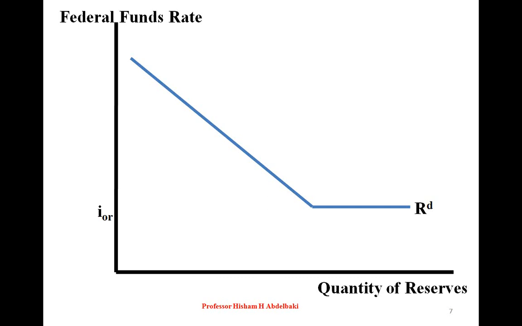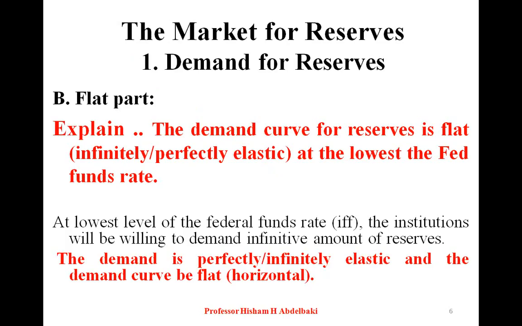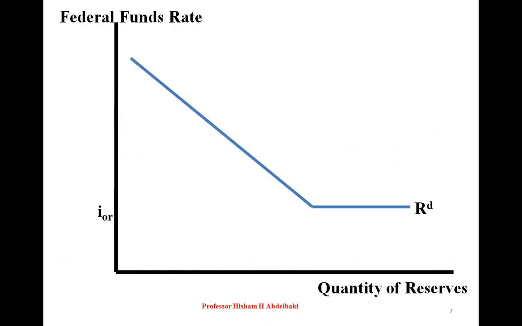When FF is at its lowest level, when FF equals IOR, interest on reserves, in this situation we have infinite demand for reserves, of course, because the price is very, very low. So the demand curve consists, as I said, of two parts, a downward part and a flat part.